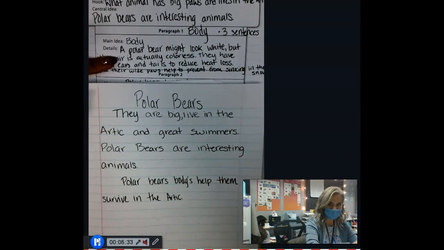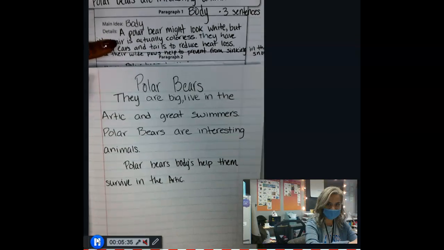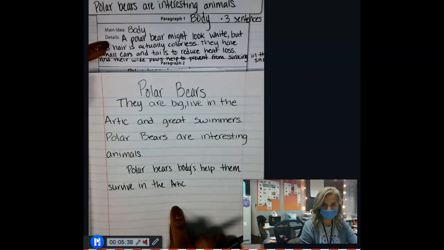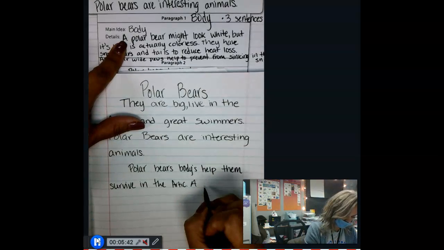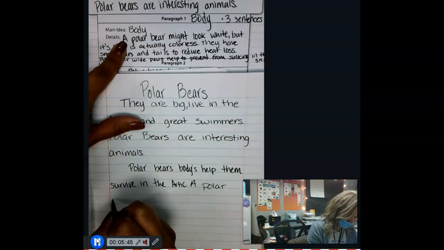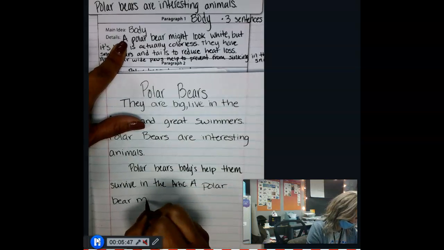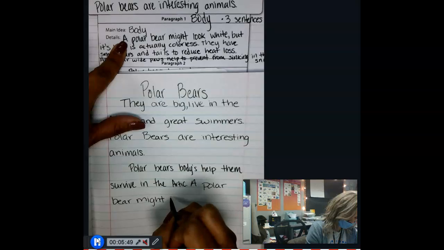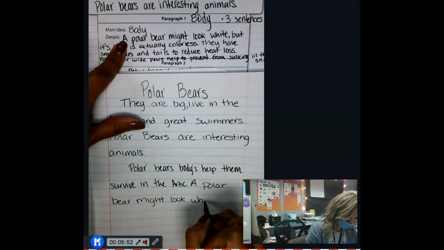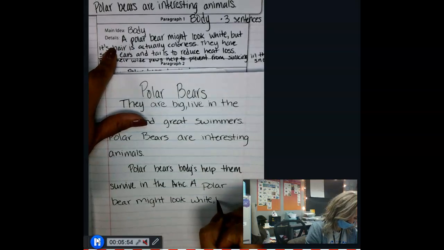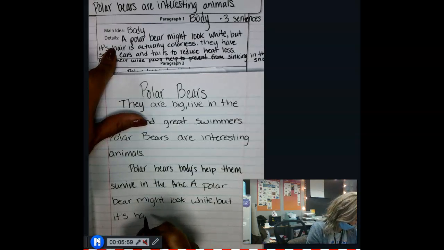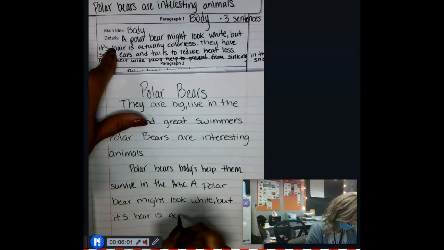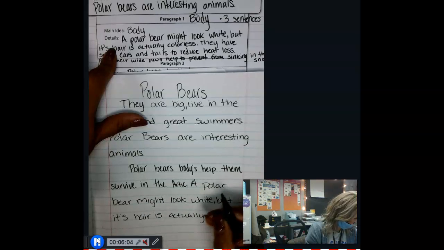Then I'm going to rewrite my sentences, which are my details, from paragraph 1. So then I would continue and write, a polar bear might look white, but its hair is actually colorless.